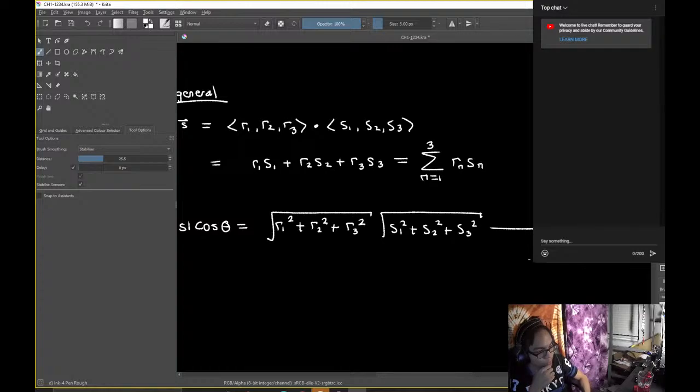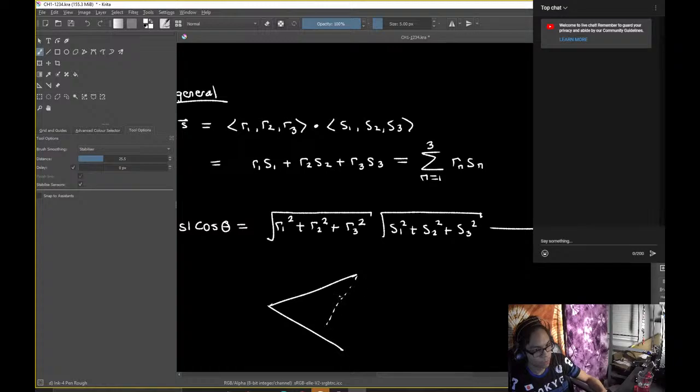Does it make sense to do that though? It's super general. Like you have something like this, like that. Does it make sense to be adjacent over hypotenuse like that?